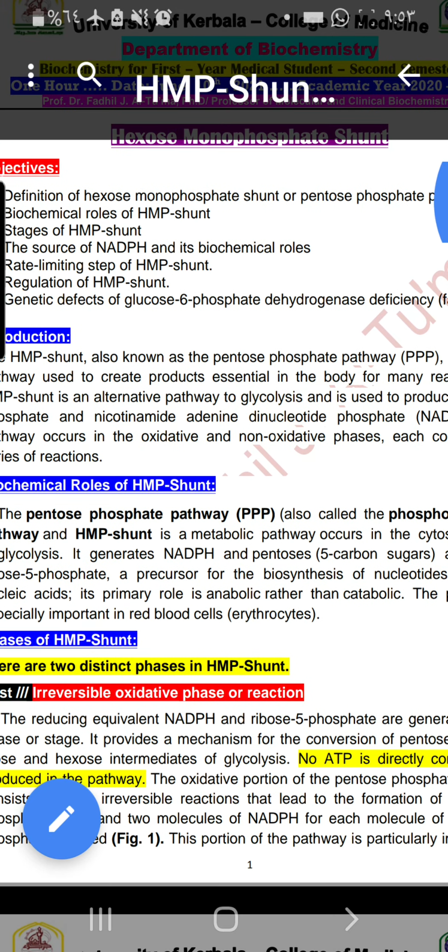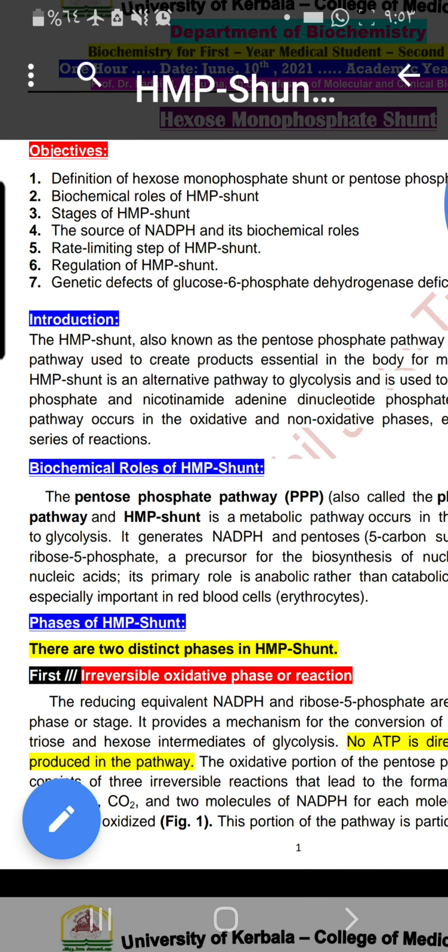What is the rate limiting step, or rate controlling step, of hexose monophosphate shunt, and how is the hexose monophosphate shunt regulated?